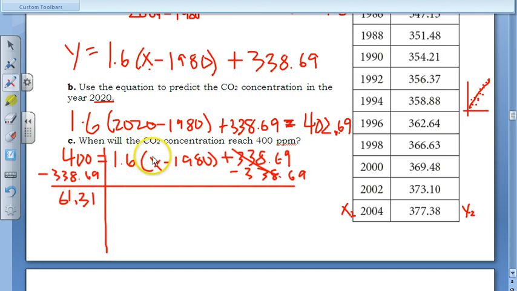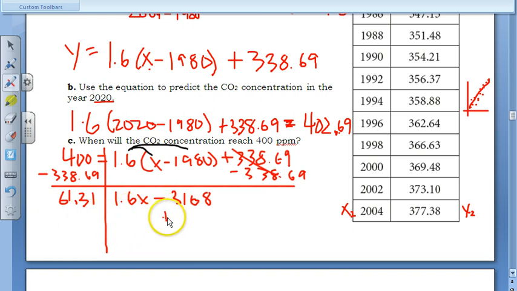I'm going to do 1.6 times x, and that's 1.6x. And then I'm going to do 1.6 times 1980, and that's 3168. So now it kind of looks like another linear equation where we have to add and then divide.